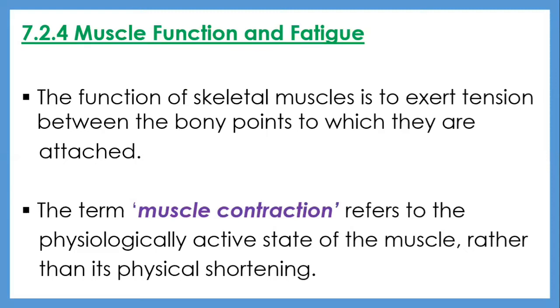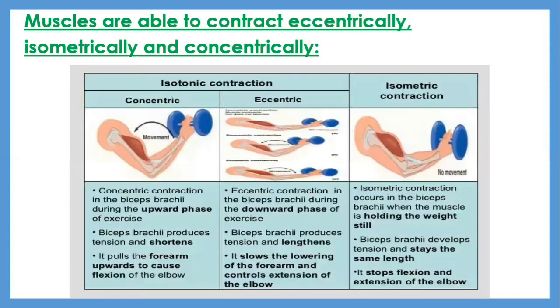And the term muscle contraction refers to the physiological or physiologically active state of the muscle rather than its physical shortening. And also take note that muscles are able to contract eccentrically, isometrically, and concentrically.